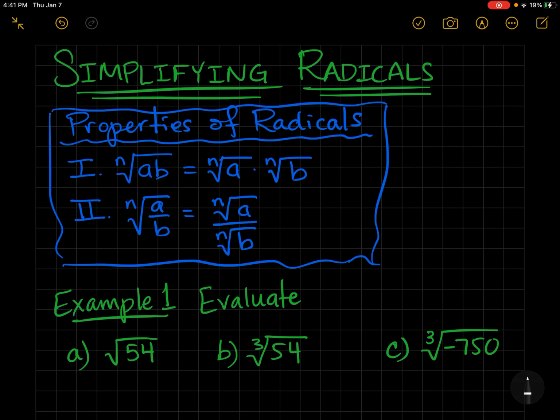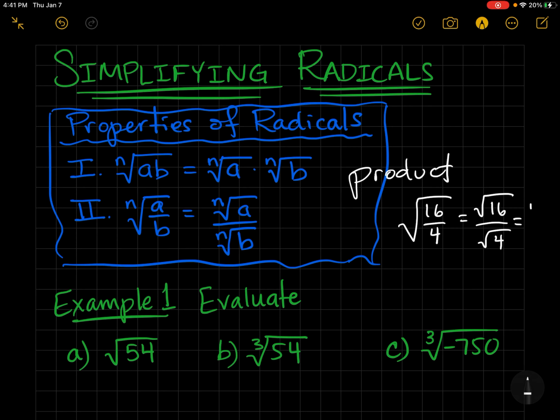Okay, properties of radicals. First of all, we have the product property where it shows that you can multiply them together or separately, and the same is true with division. For example, for the second property, if you had the square root of 16 over 4, we know that that's the square root of 16 over the square root of 4, which is 4 over 2, which is 2.